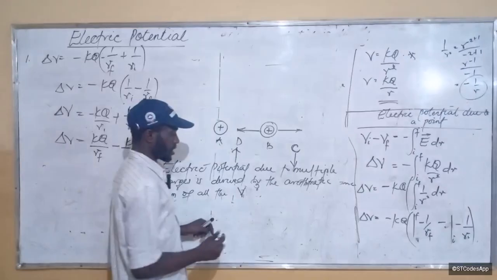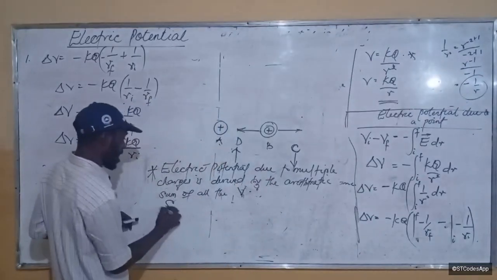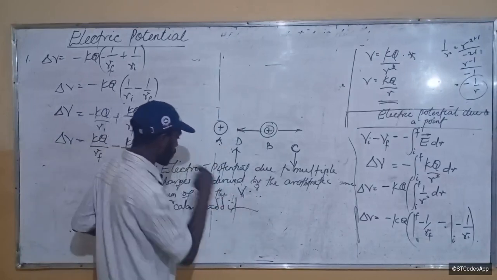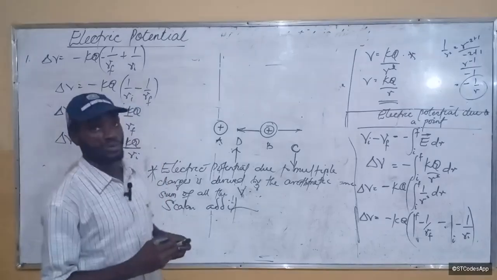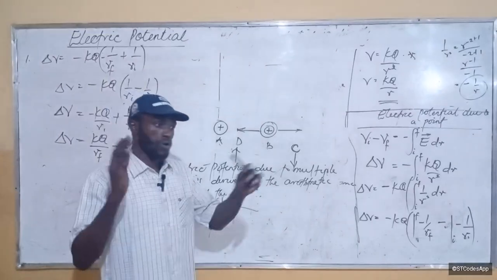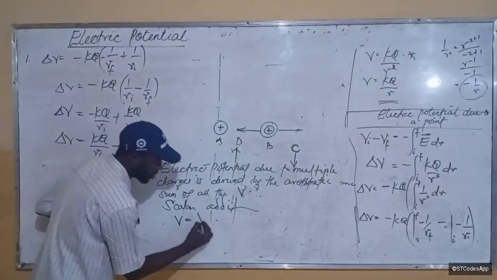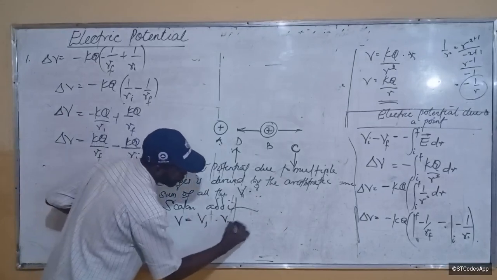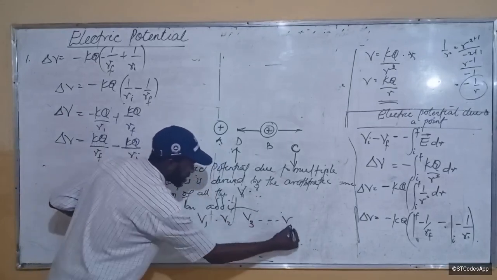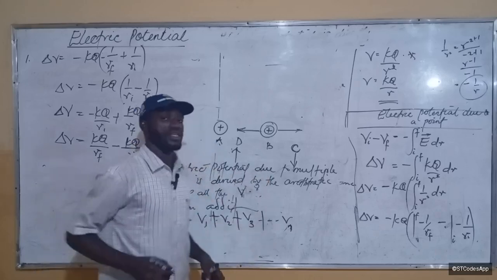Is that clear? Because it's a scalar, what you simply do is scalar addition. But you know that for electric field due to multiple charges, you have to do vector addition. So for this one, scalar addition, just add all the V's. What that means is that if I have V1, V2, V3, V4, up to Vn, to get the total V, just add V1 plus V2 plus V3 and so on. Is that clear?